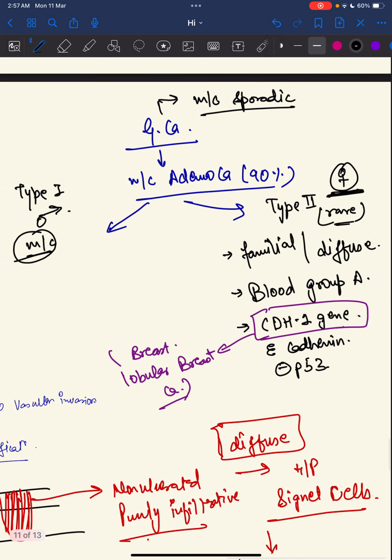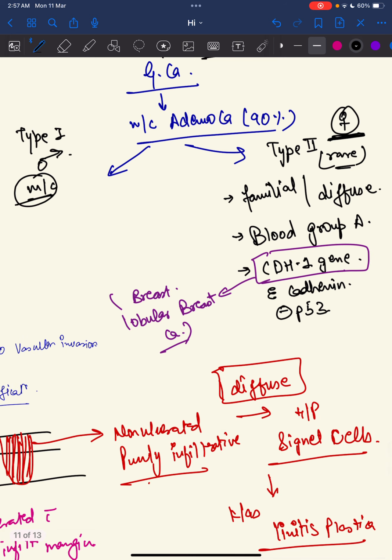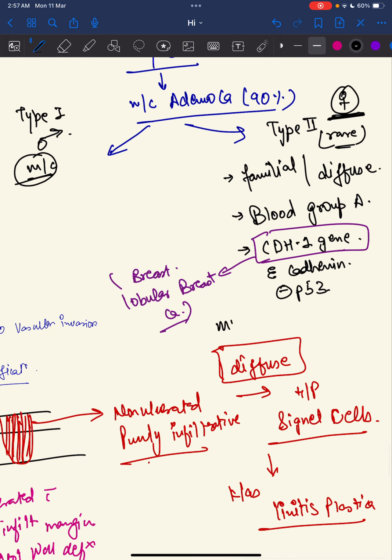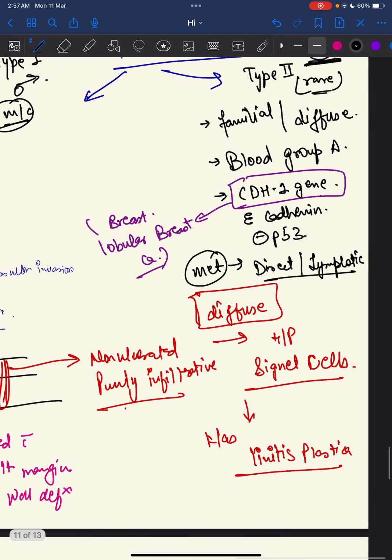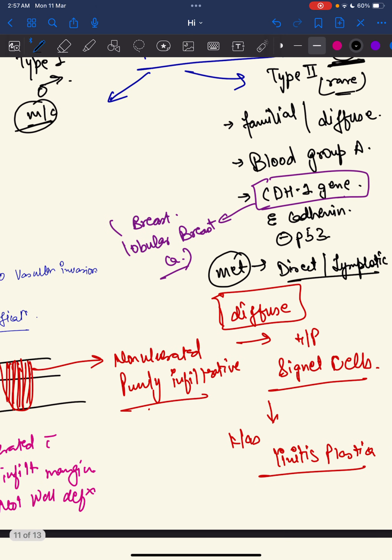Now the other one is metastasis. It metastasizes by the direct route or by lymphatics, so it will diffuse, and this diffuse spread will produce the linitis plastica appearance.